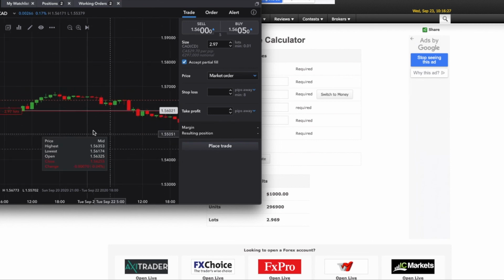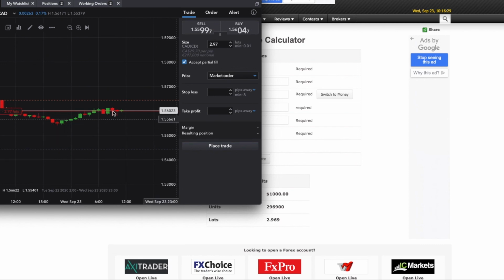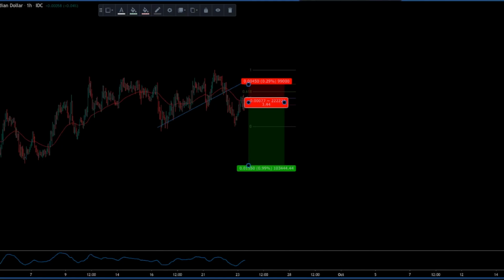And as you can see, there's where the price was entered. Here's the stop around 1.565, and here's the profit target at 1.544.